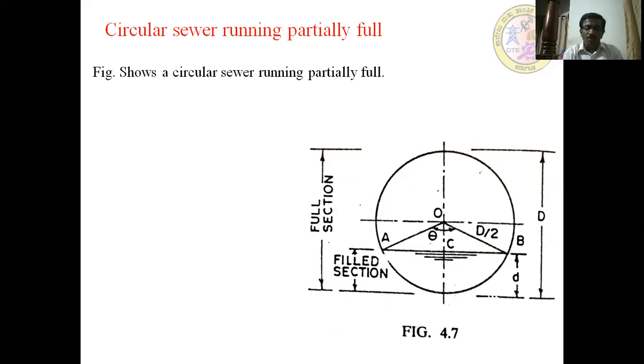Small d by capital D is the proportionate depth, and angle AOB is called the angle subtended by the surface of the water with respect to the center of the circular section. It is theta, and C is the intersection of the extension of O towards the water surface, and D by 2 is the radius, half of the dia.